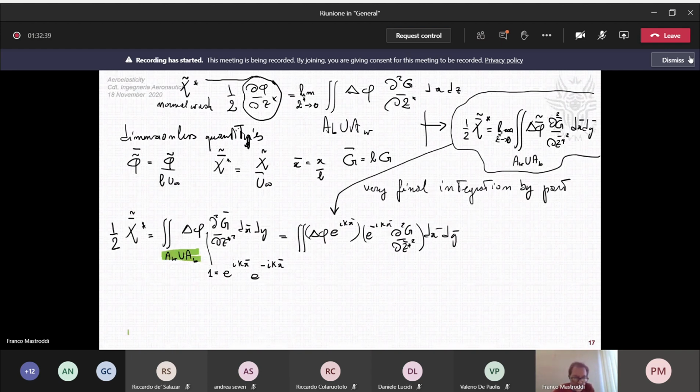Integration by part, what does it mean? I want to integrate by part, but only in one direction, with respect to the x bar quantity only. So the integration by part is concerning this variable, and in this process I want to integrate this and derive this.